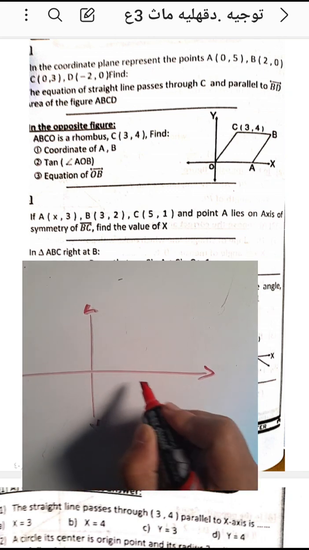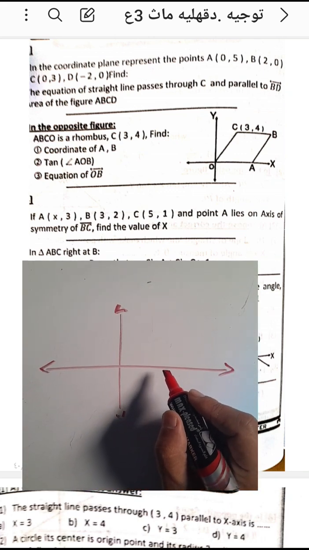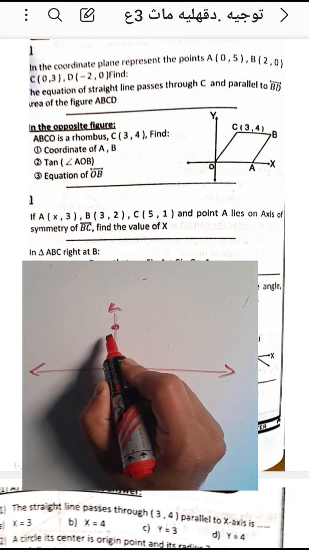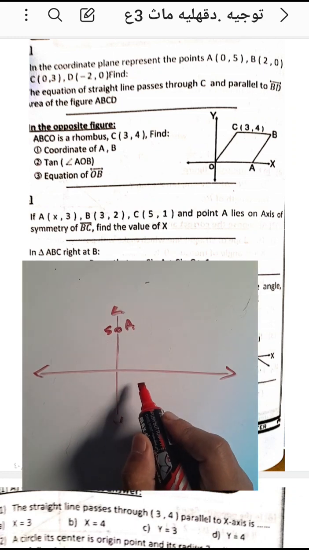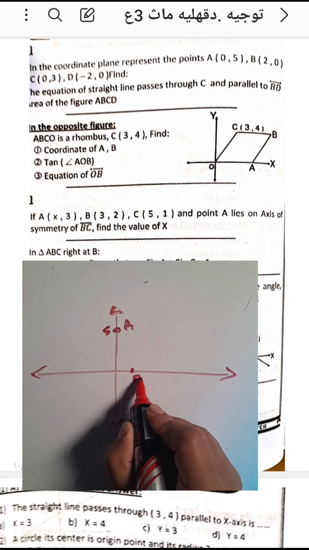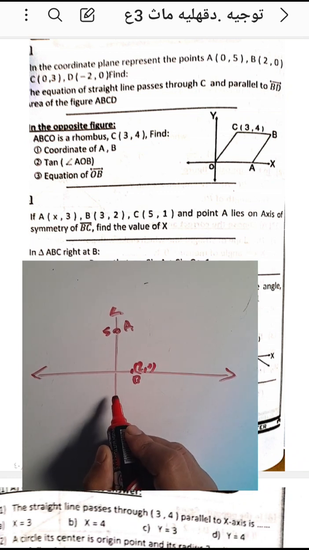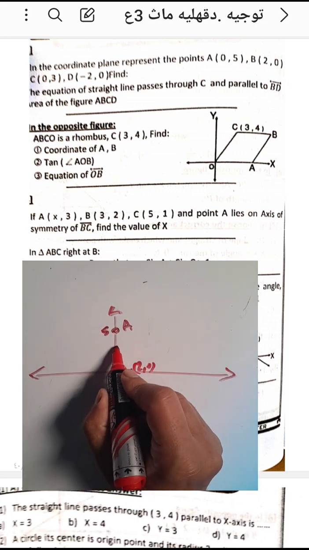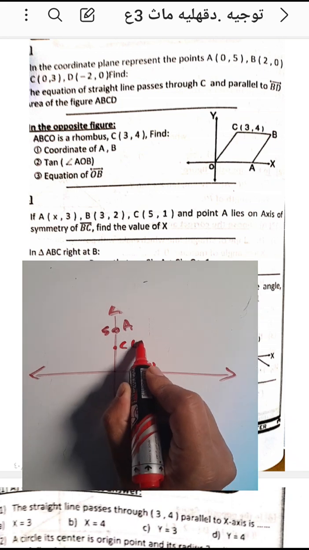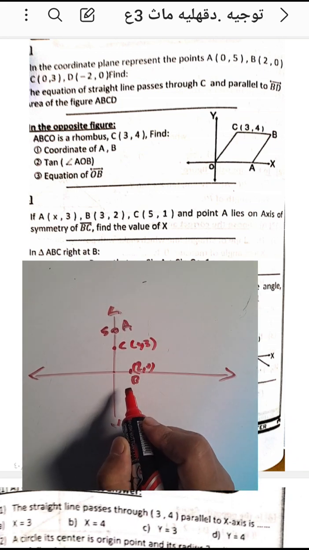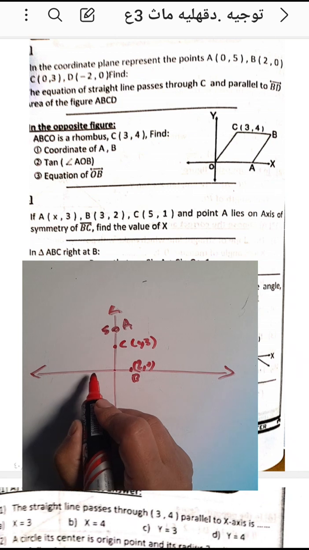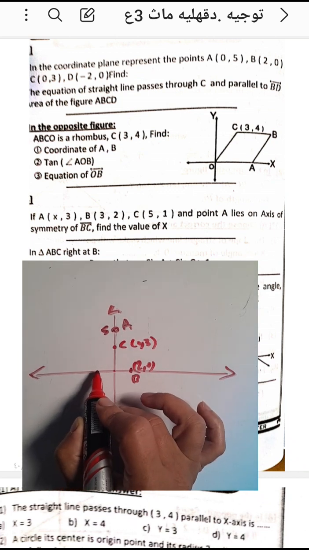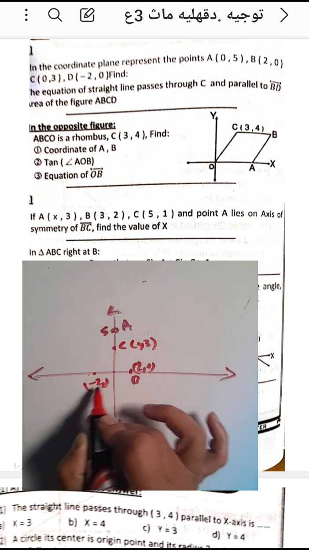Again, I will do it again to see the mistake in this example, the mistake about the points. A is 0 and 5, B is 2 and 0, C is 0 and 3, and D is negative 2 and 0.